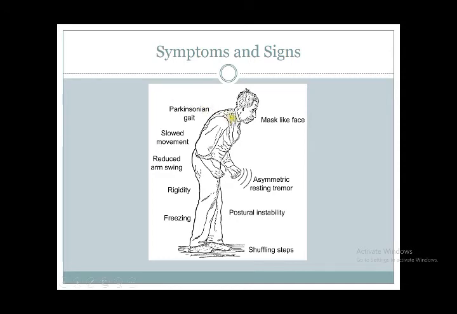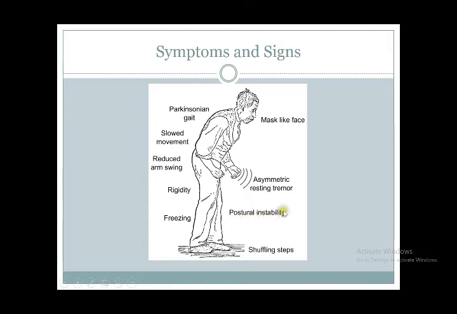A Parkinsonian patient will look like this, especially the well-established advanced Parkinsonian patient with mask-like facies with no expression, as we discussed. There is loss of associated movements as well in Parkinson disease and other disorders associated with extrapyramidal disorders. There will be tremor, an asymmetric resting tremor. Initially it is asymmetric or unilateral because of the contralateral damage in the basal ganglia structures, and it may become more symmetric or bilateral with time.